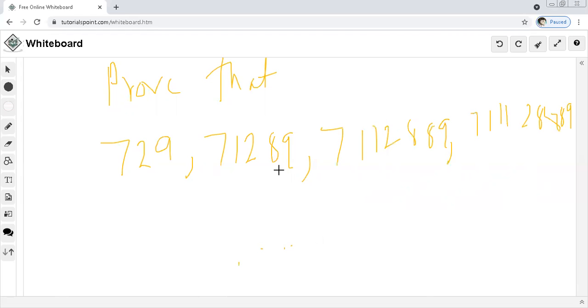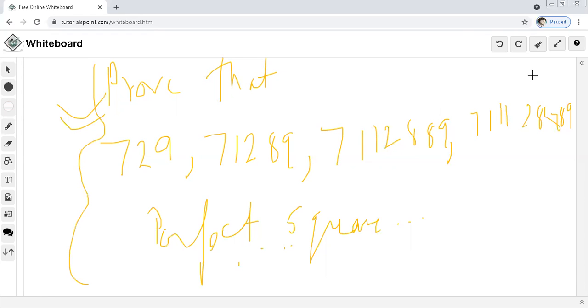This is 27 square, this is 267 square, 2667 square and so on. You got to prove each and every number of this sequence is a perfect square. Hope you enjoyed this problem. Give this one a try so that whatever I taught you might become more clear, crystal clear.